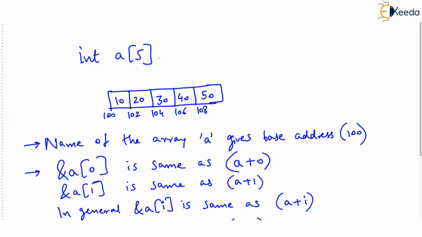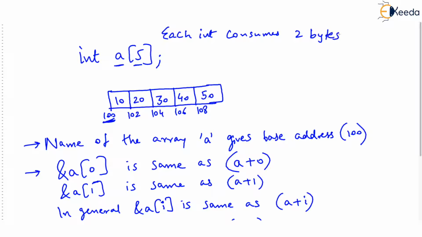Now, note this declaration. Imagine that I have declared an array A of 5 elements. Then in the memory of the machine, these 5 cells or 5 elements are stored in continuous locations as a sequence of bytes. Imagine that this array of 5 elements starts at location 100, and each integer consumes 2 bytes.